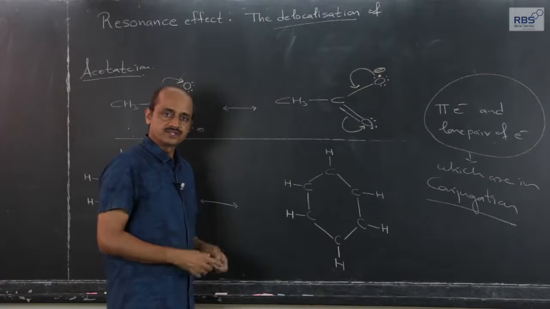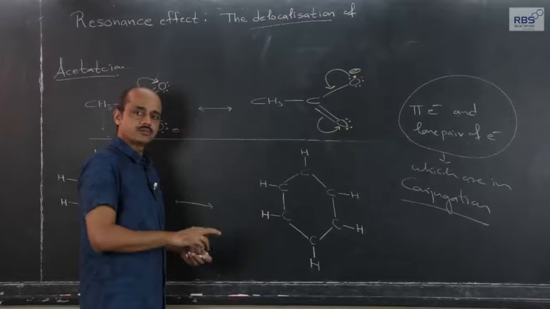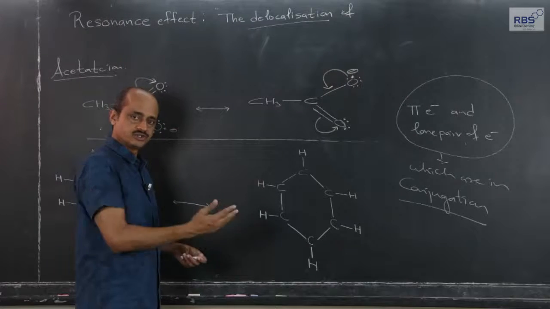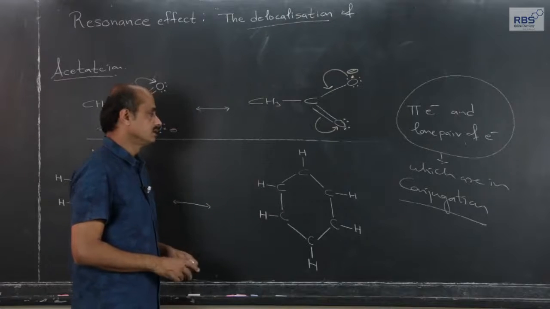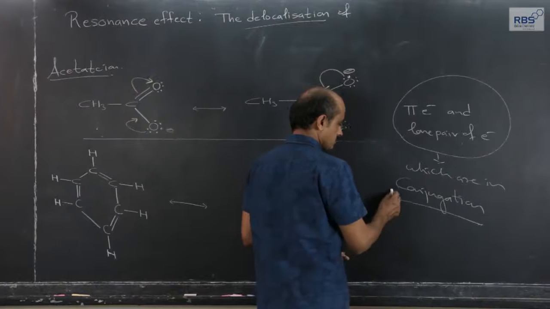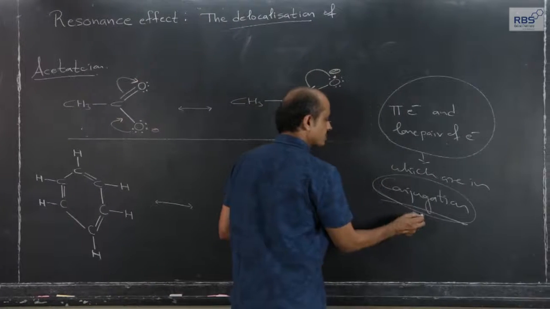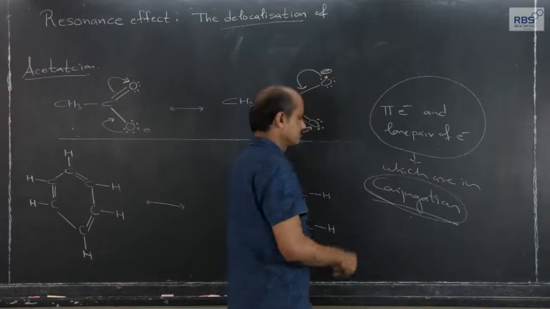Such type of systems, if pi sigma pi or pi sigma lone pair, any one of these two, is present, then the system is called to be in conjugation, or it has conjugation.